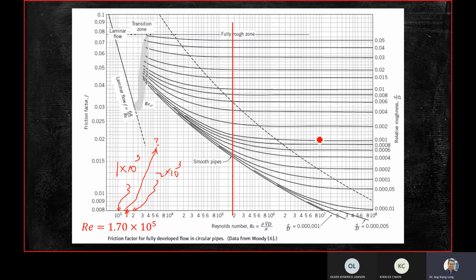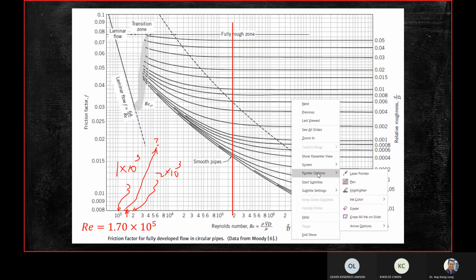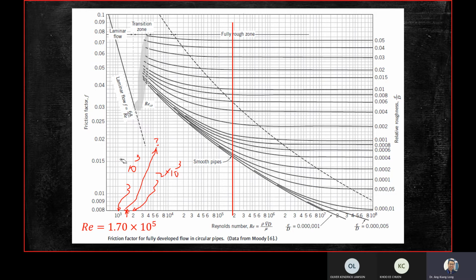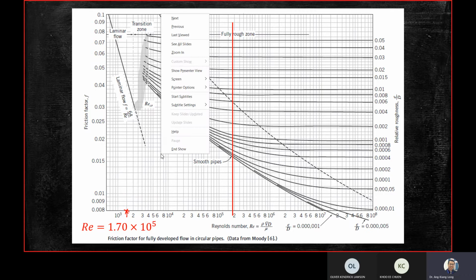So after you draw the line, you actually don't need to calculate the roughness here. You straight away look at the smooth pipe line that I highlighted just now, and then you use your ruler to draw a line to the left to find the f. This is the graphical method.